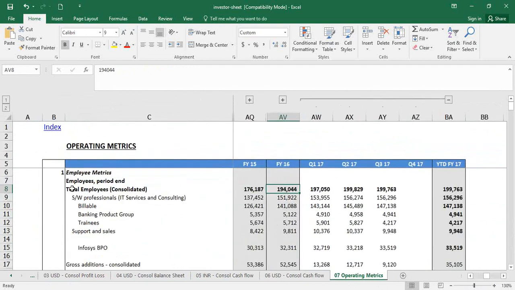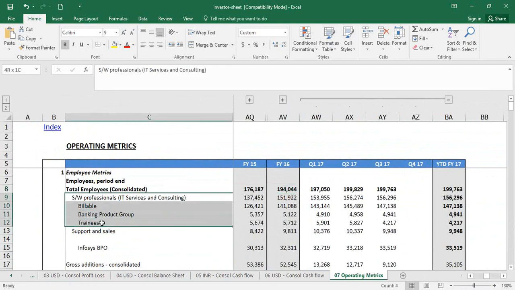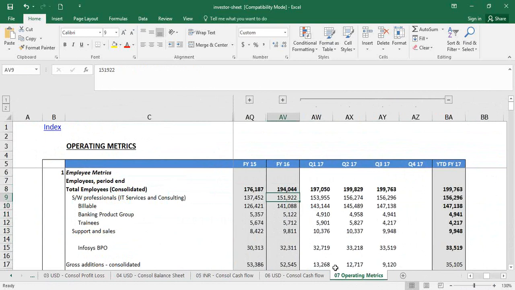This is the total employees of the consolidated firm. When you look at IT services and consulting, that's 151 out of those. Then you have BPO, which is 32,311. And then you have support and sales, which is 9811. The sum of these three, you will note here, is 194,044, which is the total number of employees.